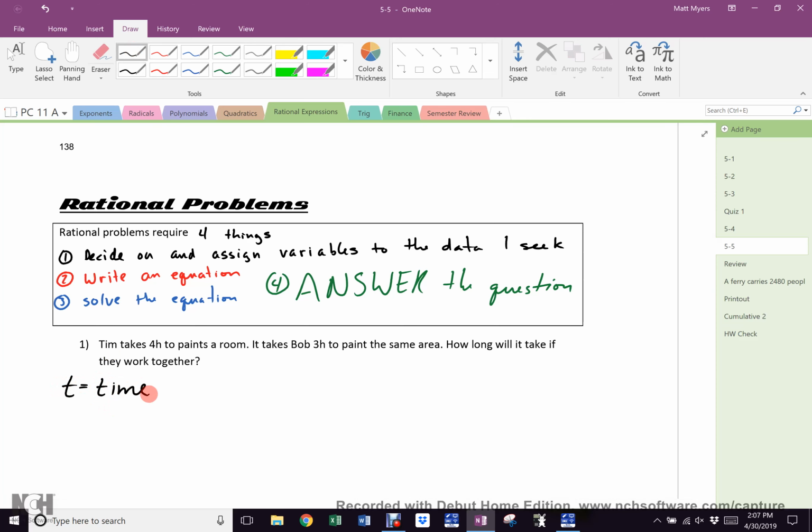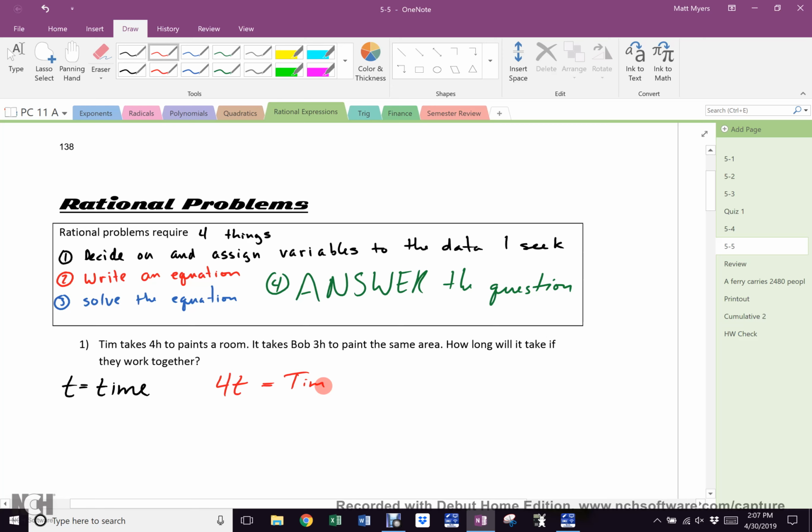All right. Now, how long does it take Tim to paint the room? 4 hours, right? Excellent. Tim, I'll change colors. 4T equals Tim, right?